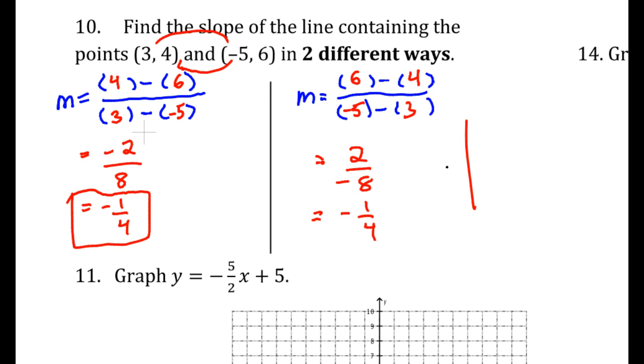And if you just plotted it, 3, 4 is right here, negative 5, 6 is right here, and you could say it's down 2 and then right 8. Same thing we get here, and then of course reduce it.